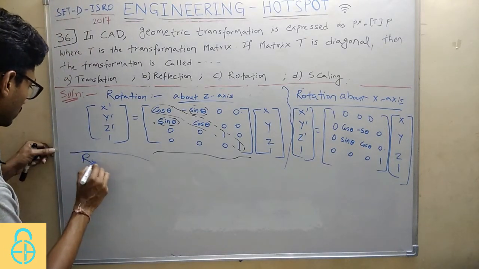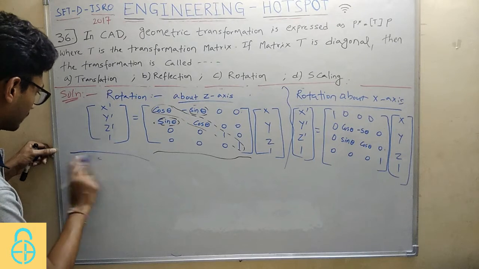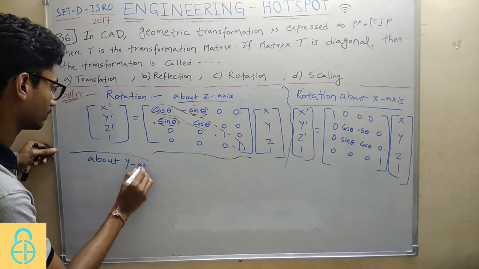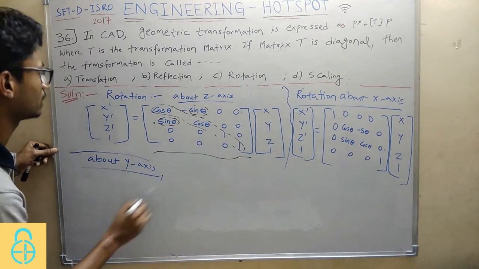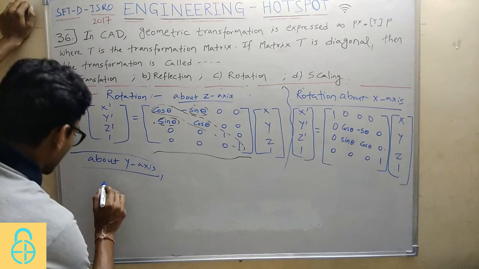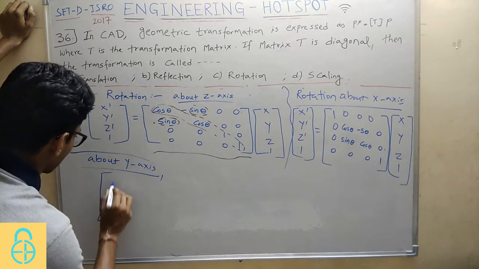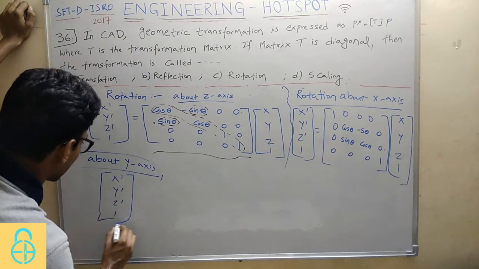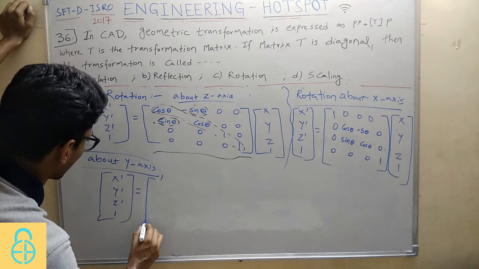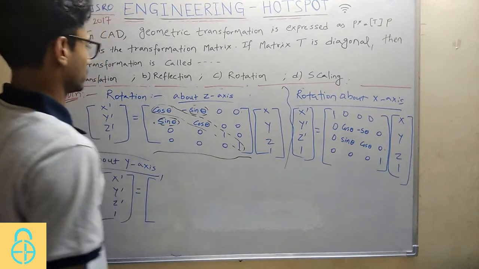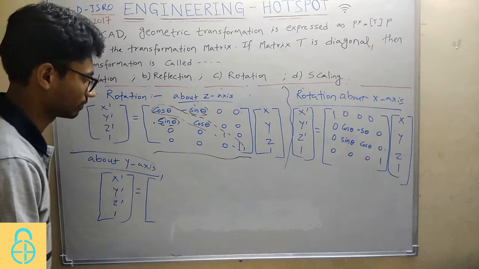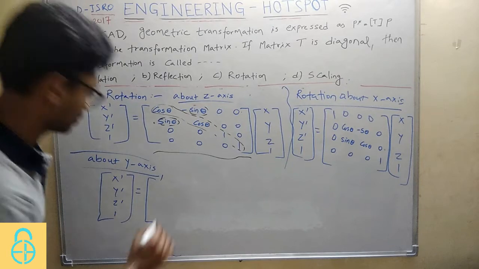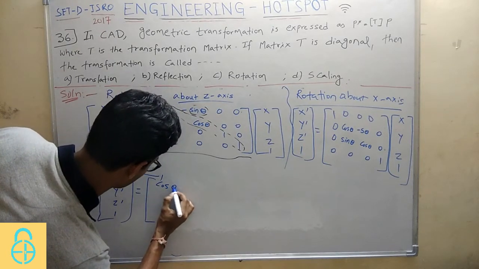And rotation about the y-axis, if you want to see. If I am rotating the figure or the geometry about the y-axis, it's given by x dash, y dash, z dash, the new coordinates of that object. This is the transformation matrix I am writing just now.